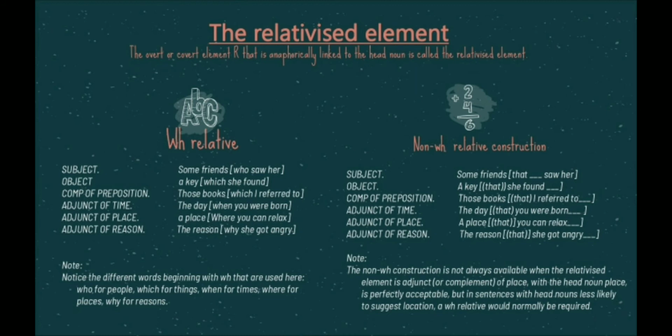Parentheses around that indicate, as usual, that it is optional in such cases, but that and bare relatives are permitted. All the examples here we call covert element relative. And notice the non-WH construction is not always available when the relativized element is adjunct or complement of place. With the head noun place it is perfectly acceptable. But in a sentence with head nouns less likely to suggest location, a WH relative will normally be required.